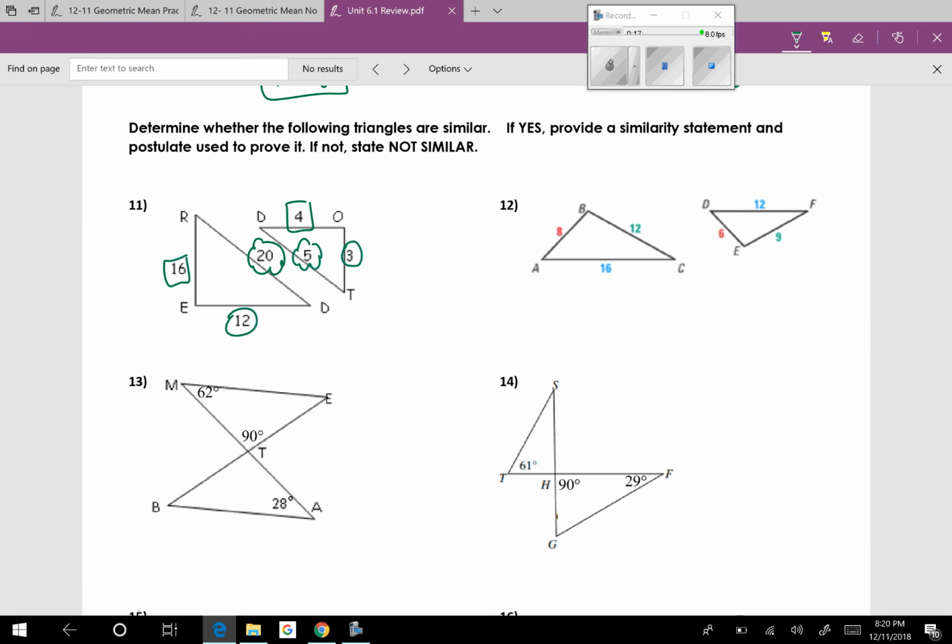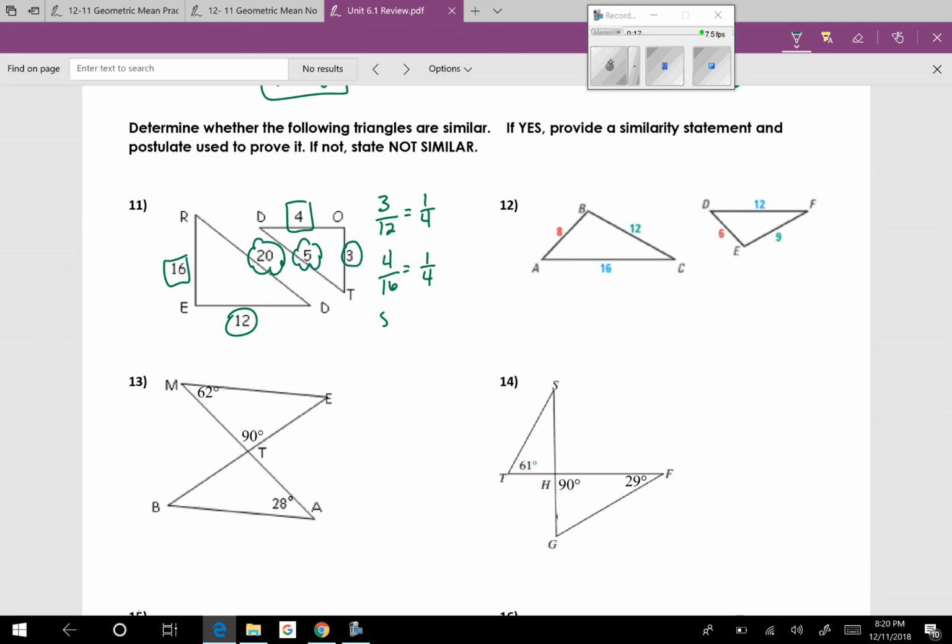So the first one, we'll do 3 to 12. Okay, and we're going to see if that 3 to 12 reduces to 1 over 4. Okay, now let's look at the next one. We have 4 to 16, so we do the boxes. Okay, and 4 to 16, well, that reduces to 1 over 4.